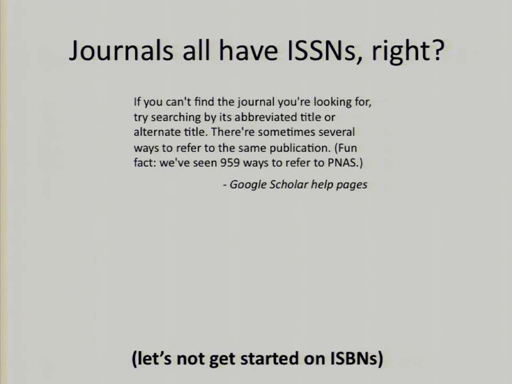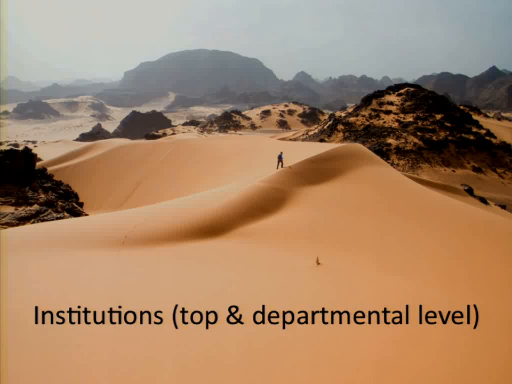It's talking about PNAS and how there's 959 different ways of saying it. You can imagine, sometimes it's the acronym with the full stop, sometimes it's Proceedings, sometimes it's Proceedings of the National Academy of Sciences, blah, blah, blah. So it's not a solved problem.